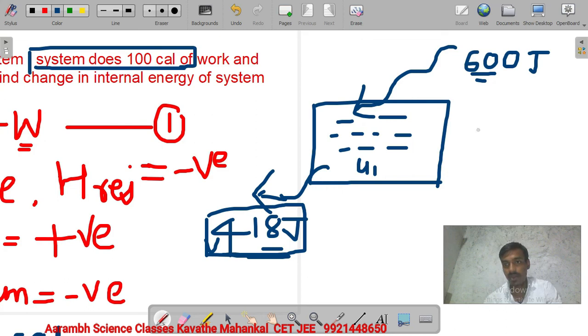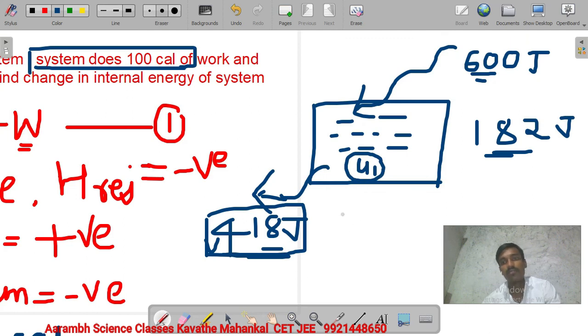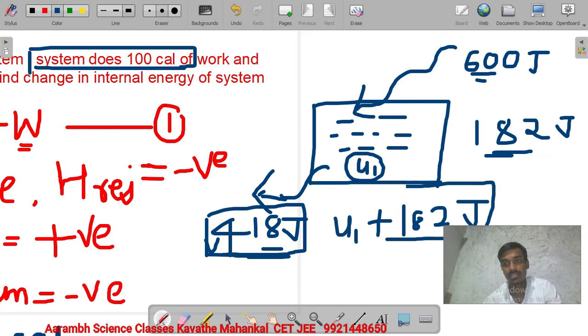The only remaining amount, about 182 joule, remains in the system, and this amount increases its internal energy. Initially it had internal energy of U1, and finally the internal energy becomes U1 plus 182 joule. And what is the change? The 182 joule is the change in the internal energy. Okay, this is how you can also solve it with the help of concept.